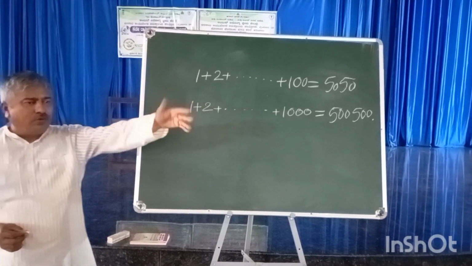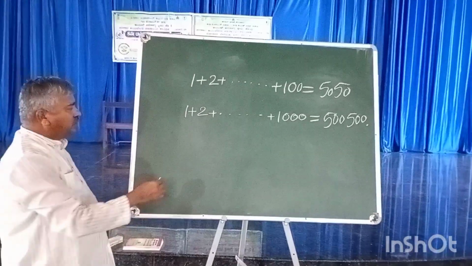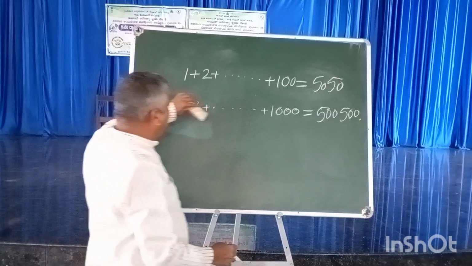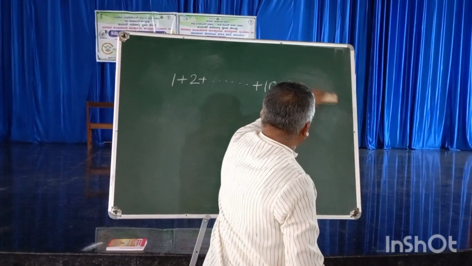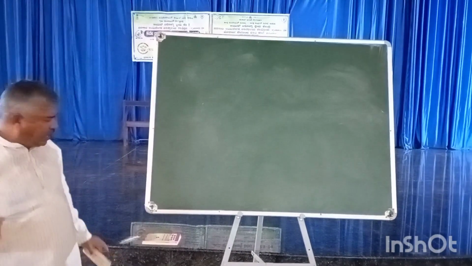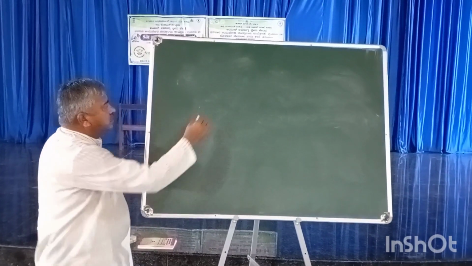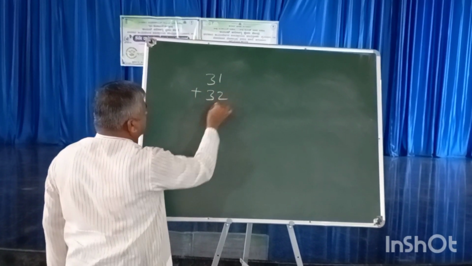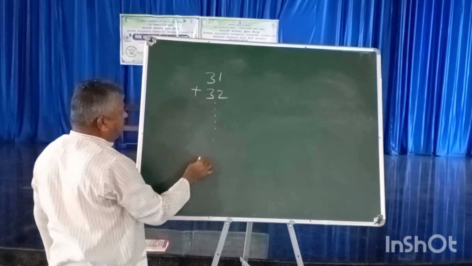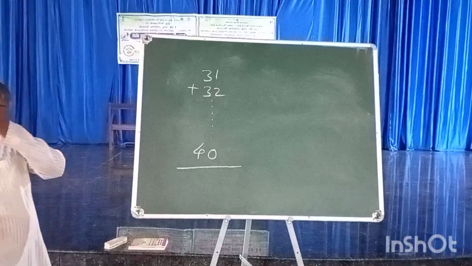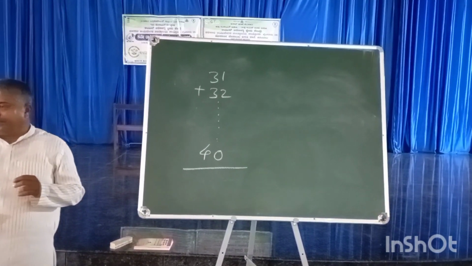Okay, next technique. Come on. Say we are adding here 1 to 10 numbers. Any 10 numbers or 20 or 50 or more or less or mixed up. Then say 31 plus 32 plus dash dash dash dash up to 40, means we are adding here 10 numbers.